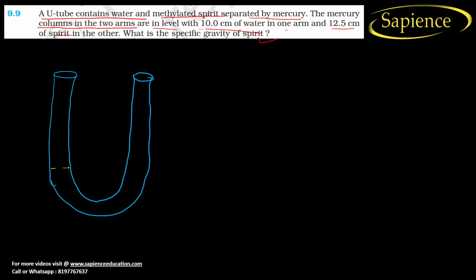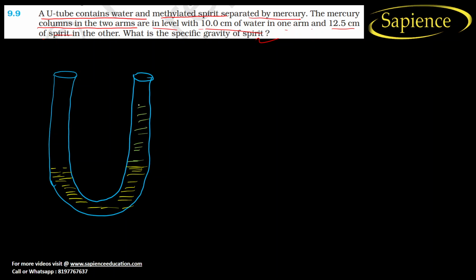Now in this, let us consider this is mercury. This is mercury, right? And on the other side there is methylated spirit.